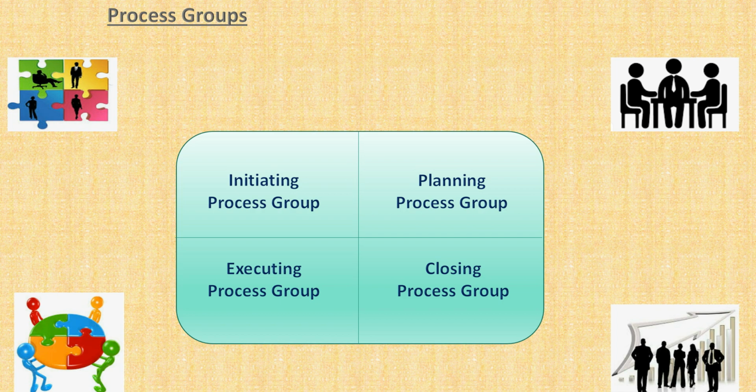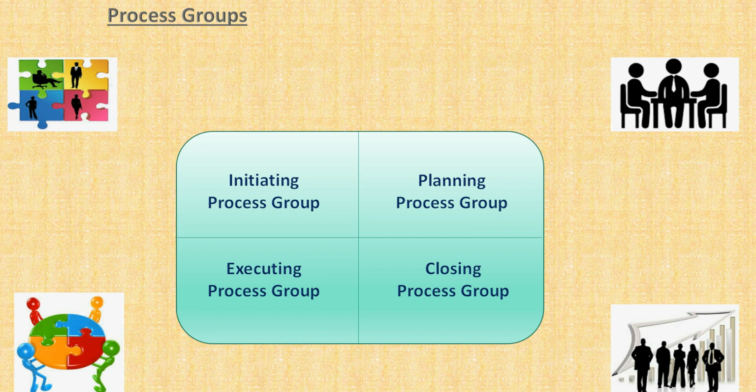We have to accumulate our best practices. We have to collect the lessons learned by all the teams. We have to update our project management information system. We may need to update some of the templates of our organization. There may be many other things we need to do during the closing phase of the project. So all those processes are grouped under the closing process group.